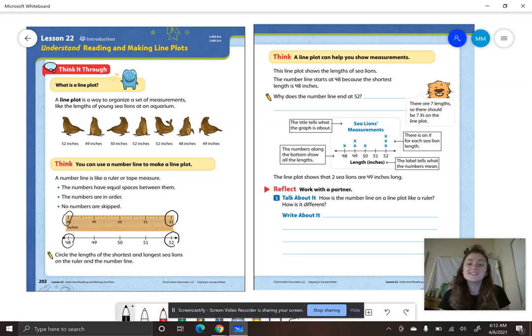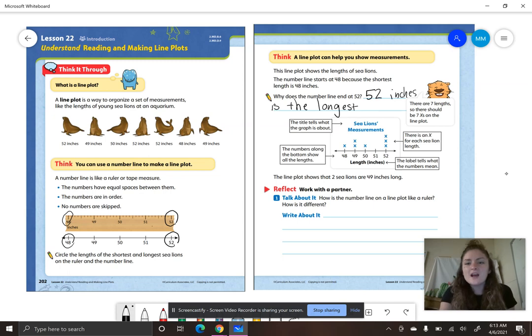So why does the number line end at 52, Smarties? Because 52 will be the longest length. So we will say 52 inches. Remember, use those describing titles. Is 52 inches the shortest length, Smarties? It's the longest length.